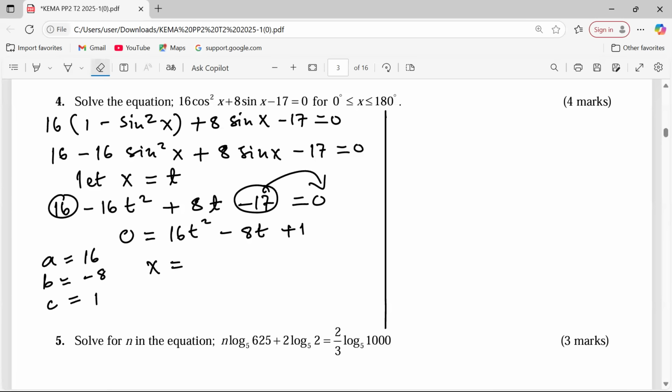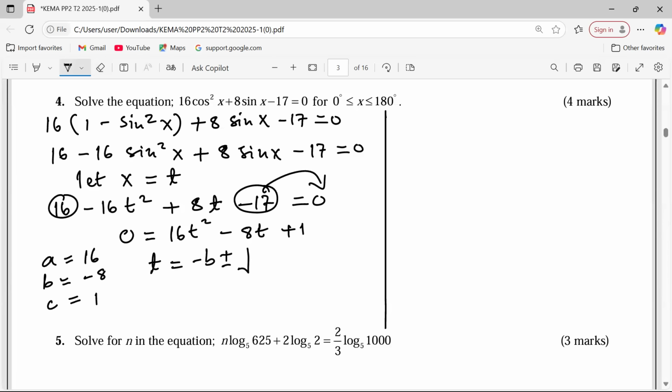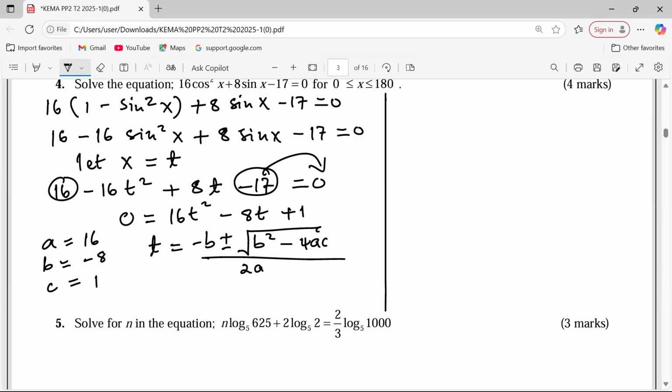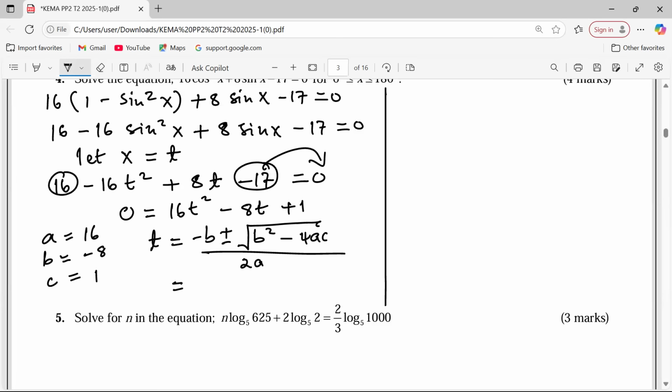So according to the quadratic formula, T will be given by the negative value of B, then plus or minus the square root of B squared minus 4AC, then everything should be divided by 2 times the value of A. Therefore, we can now have negative the value of B, which is already negative. So you're supposed to be very careful in such a substitution.